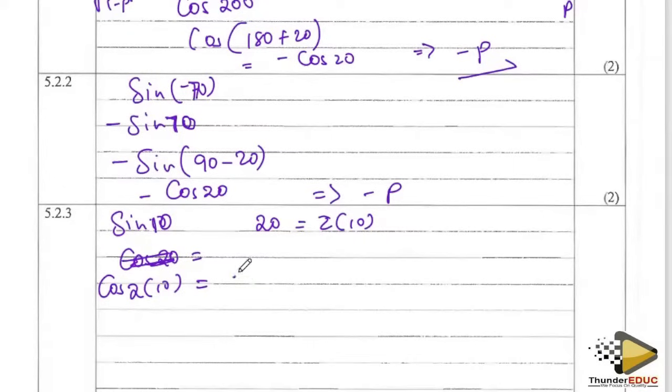It's fine. I'll say 2 cos squared 10 minus 1. I can just use the other form, because I know it is going to be cos squared minus sine squared, which is 1 minus 2 sine squared of 10.